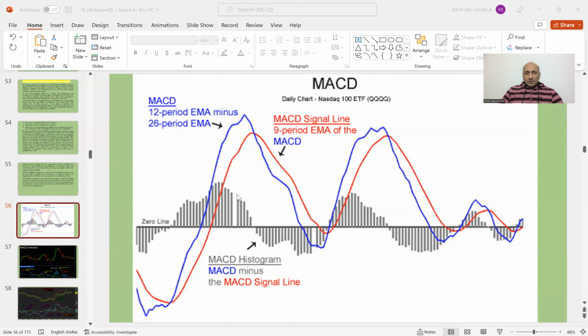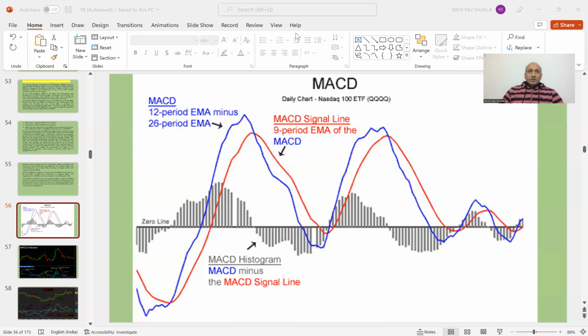Again, you can see here this positive histogram reducing and reversing, or you can say there is divergence happening, and after the same place, whenever it crosses down, it goes negative and increases there. So this is significant and all issues are resolved. One can easily take trades using this MACD.